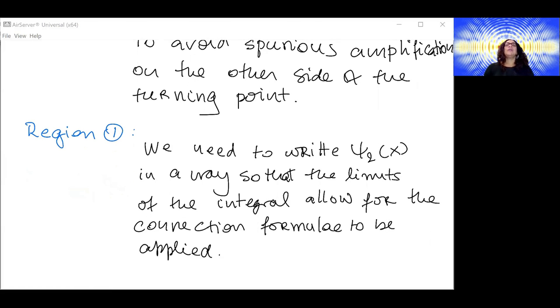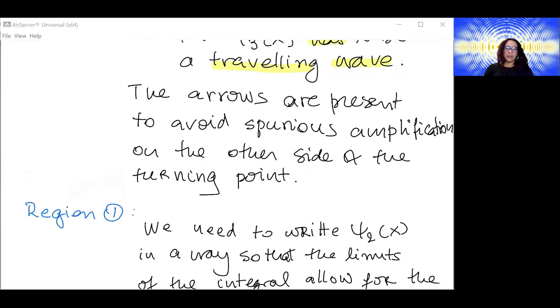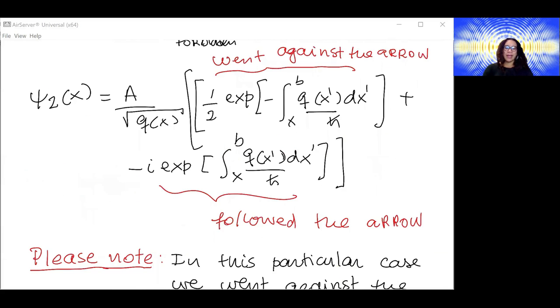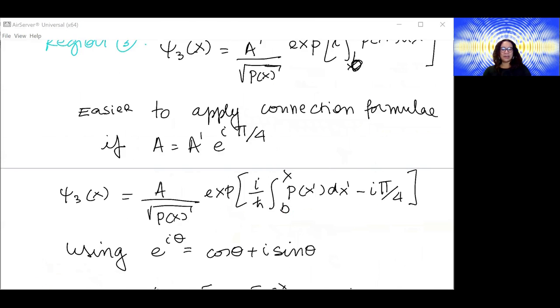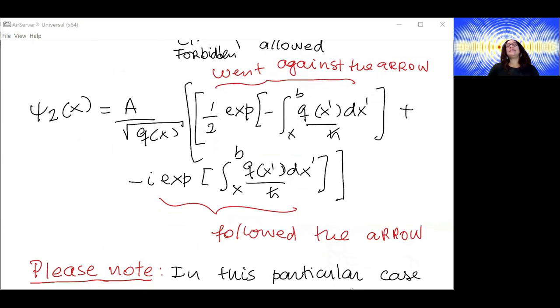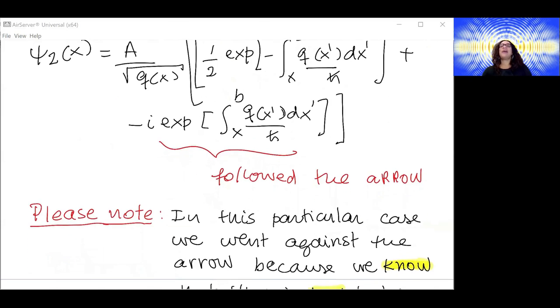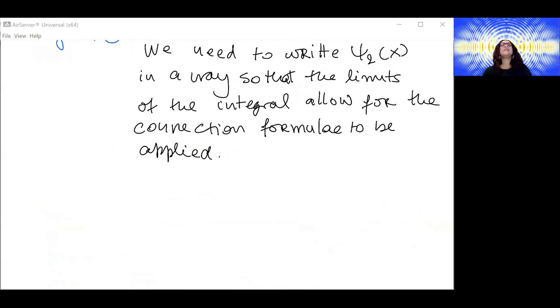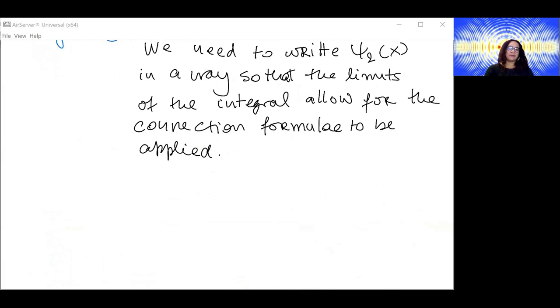Okay, so what we have is integrals going from x to b, meaning x from this turning point up to the turning point, and we need to write it in a function where the integral goes from a to x. So let's do that, and we're going to use the following.